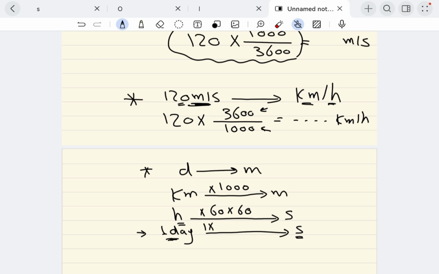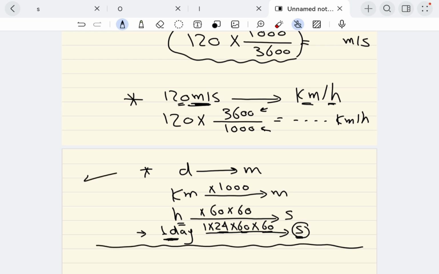Yes, so I will multiply 1 times 24 hours. Then from hours to minutes, I multiply by 60. Then from minutes to seconds, I multiply by 60. So for 1 day I multiply by 24 hours times 60 minutes times 60 seconds to get the total number of seconds.